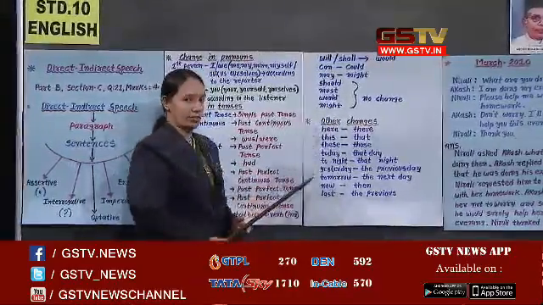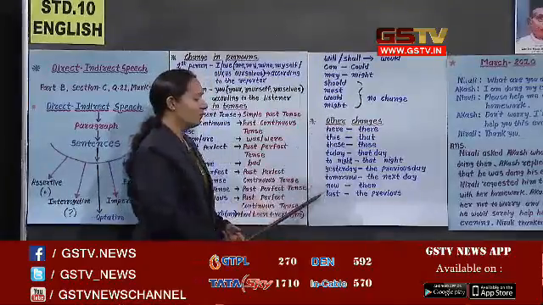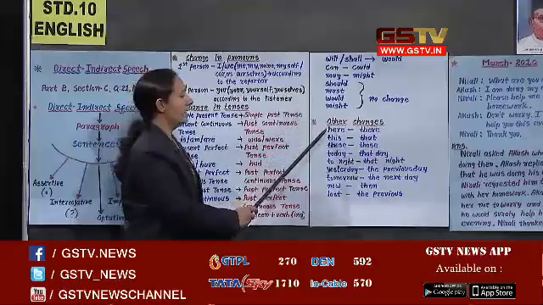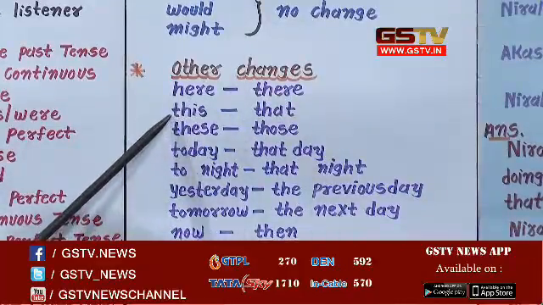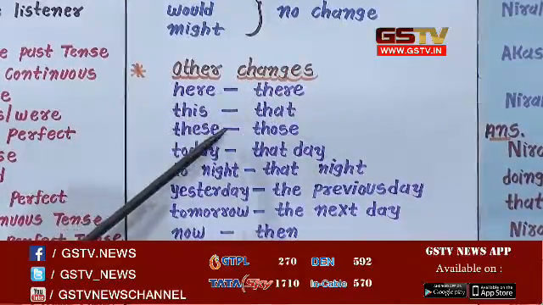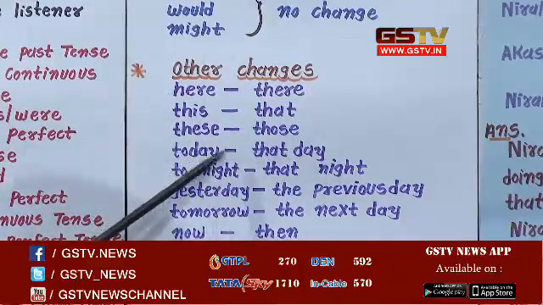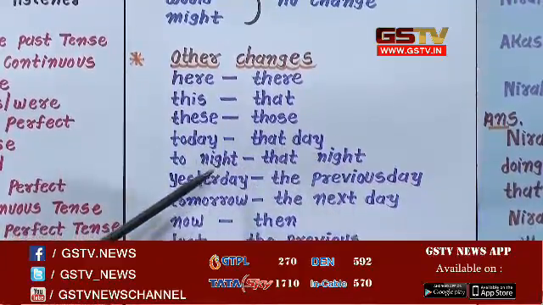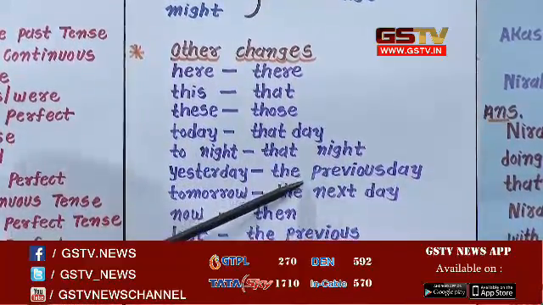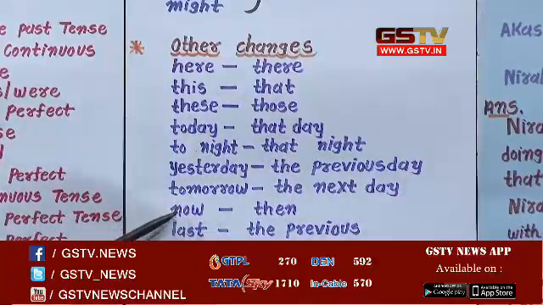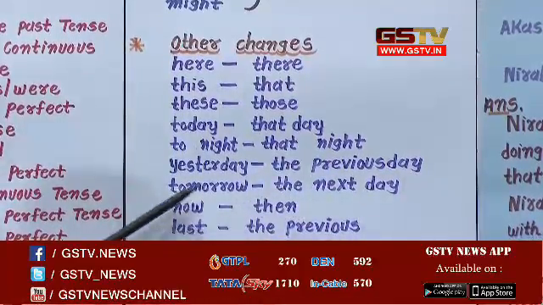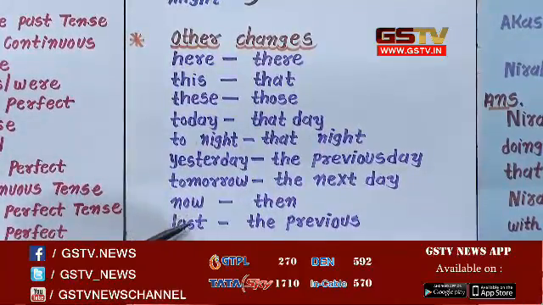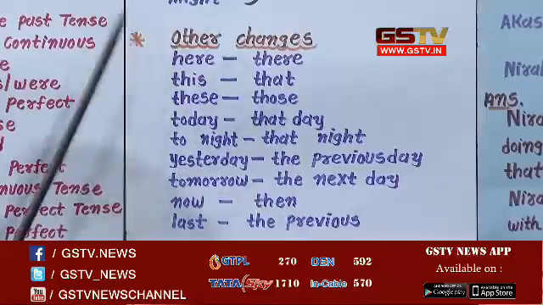Now come other changes. Other changes include some words. We have to be careful when these words are coming. Here becomes there, this becomes that, these becomes those, today becomes that day, tonight is converted into that night, yesterday is converted into the previous day, tomorrow is converted into the next day, now is converted into then, and last is converted into the previous.